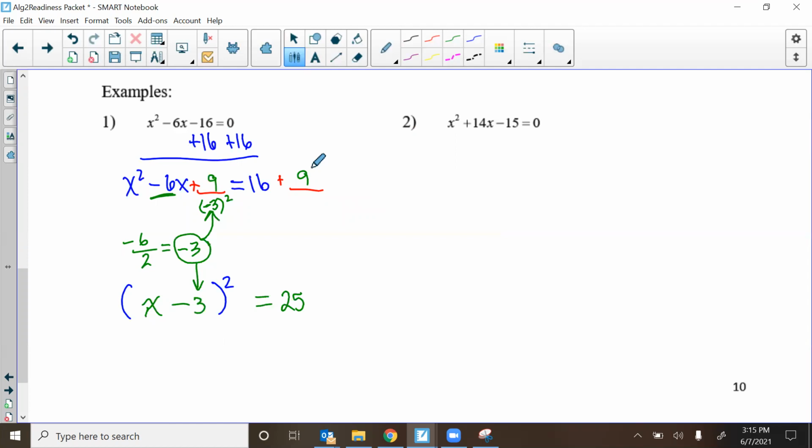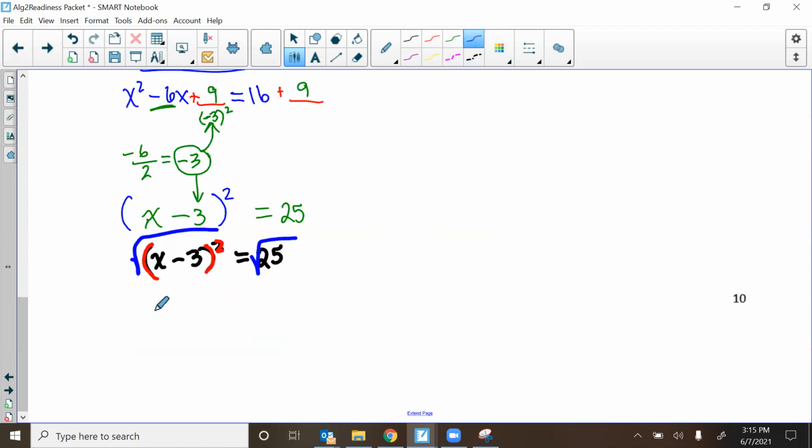Now I can solve this equation using square roots. So this is the equation that I'm solving. And I already have my whatever squared alone. So I will take the square root of both sides. And I'll get x minus 3 equals plus or minus square root of 25. That's a perfect square. So this is much like one that you saw on solving by square roots.